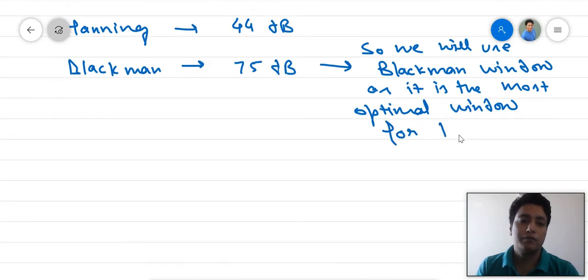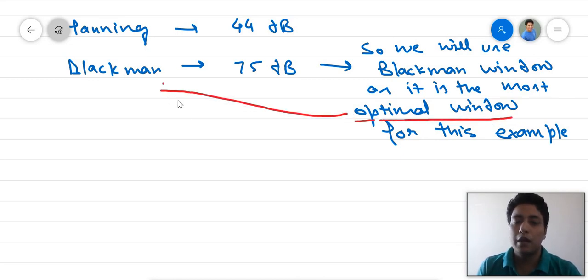We have found the optimal window, which is Blackman, by comparing the attenuation in the stop band.